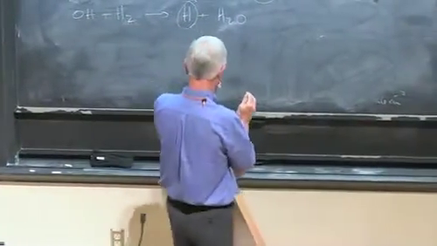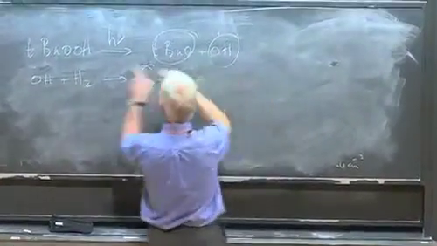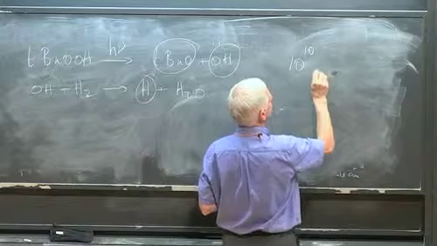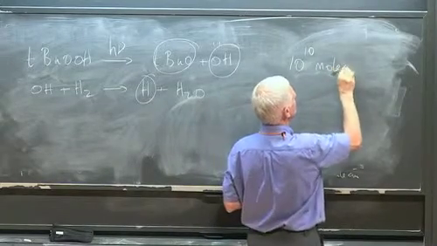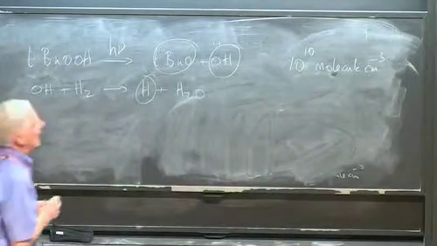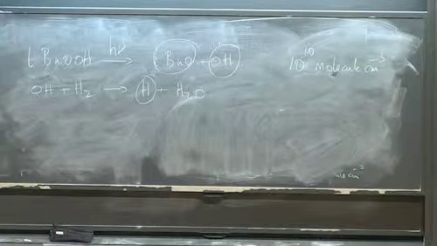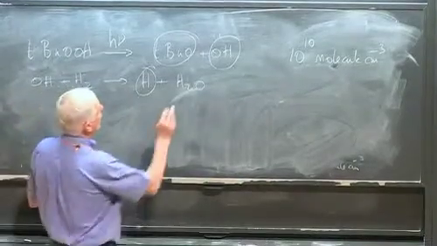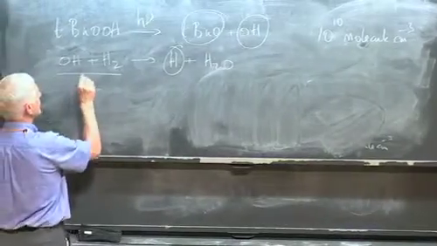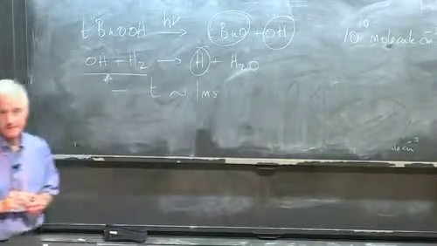So the point is that in this initial experiment, we keep OH to something of the order of 10 to the 10 molecules per centimeter cubed. Then the concentrations of these other species are going to be of that same sort of order. Okay? And so we want OH to react mainly with H2. And under our conditions, that's going to occur on a time scale of the order of 1 millisecond.